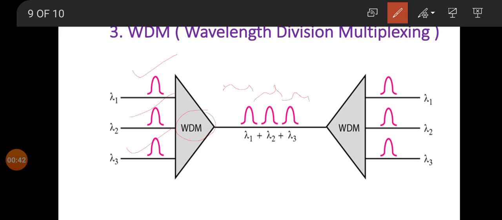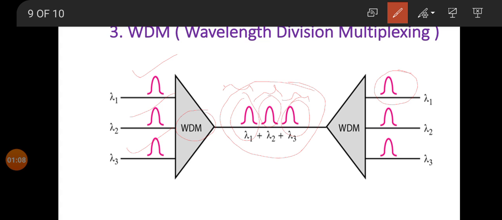Signal 1, means user 1 signal, has its own wavelength, signal 2 wavelength is different and signal 3 wavelength is different. So all those wavelengths are combined and transmitted as a single wave. Clear? And at demultiplexing, the combined wave is separated back into various waves.